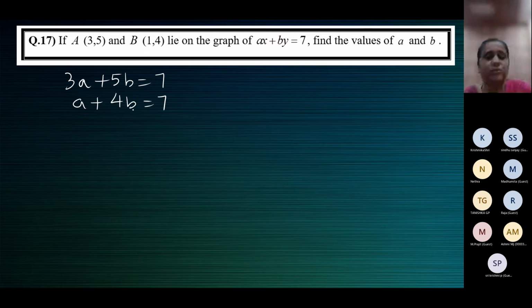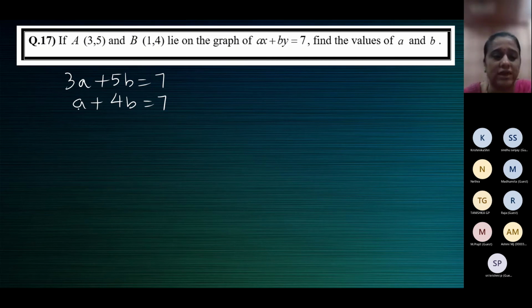Now we need to solve these two equations and find the values of a and b. Now, how do you solve? You can see that the coefficients of a and b are not the same in both the equations, because only if the coefficients are same, you can cancel one of the two variables.